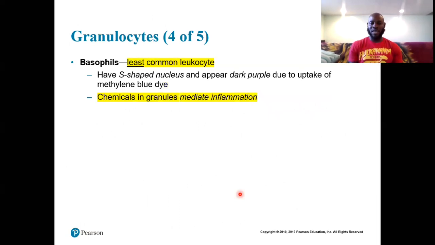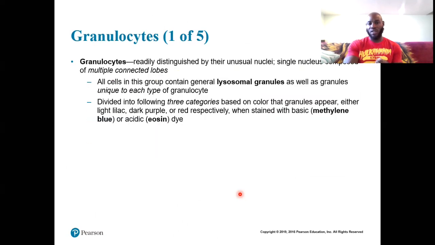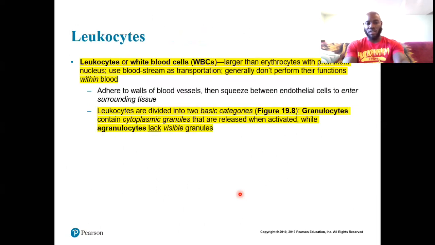Basophils, least common leukocyte. So you have neutrophils, most common, basophils, least common. These are all granulocytes, right? Granulocytes, remember, single nucleus composed of multiple connected lobes, and they have a specific color to those cytoplasmic granules, okay?